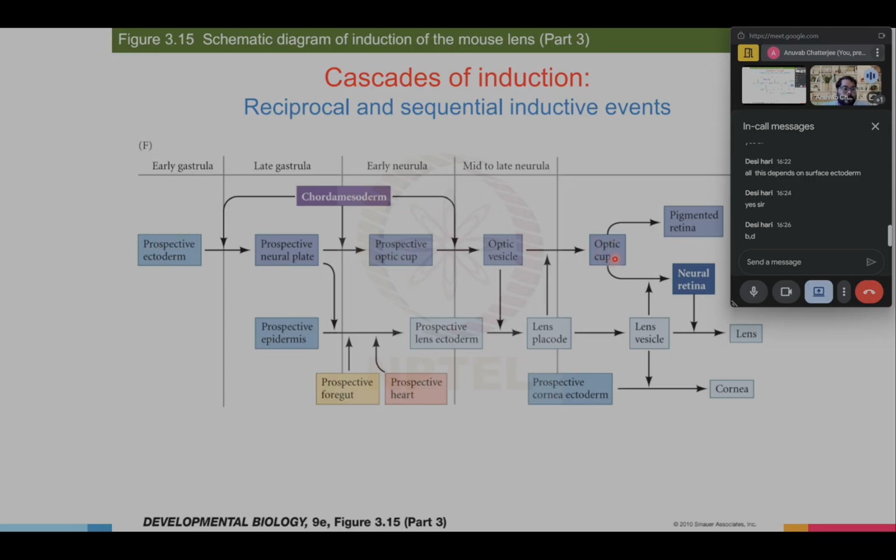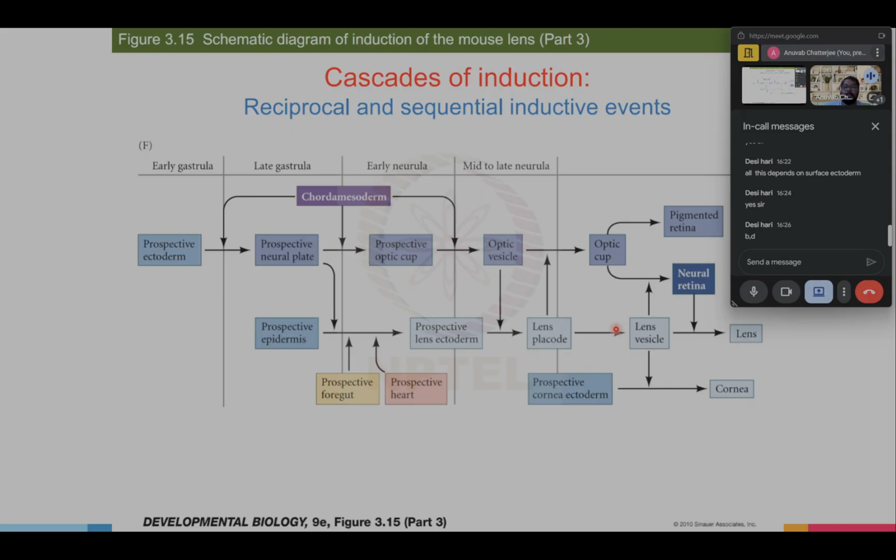Once the optic cup is formed, the lens placode develops to form the lens vesicle, and it now again sends out a signal and induces the optic cup to form the neural part of the retina, and whatever is not induced forms the pigmented part of the retina. And finally, the neural retina sends out signals and induces the lens vesicle to form the lens.